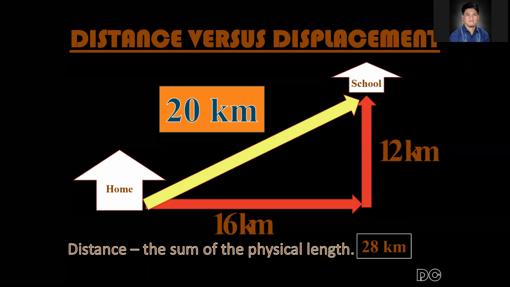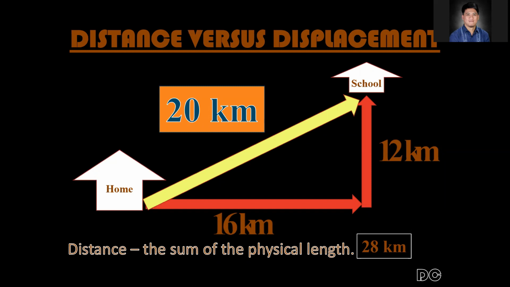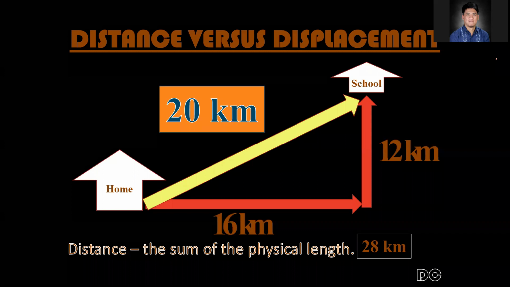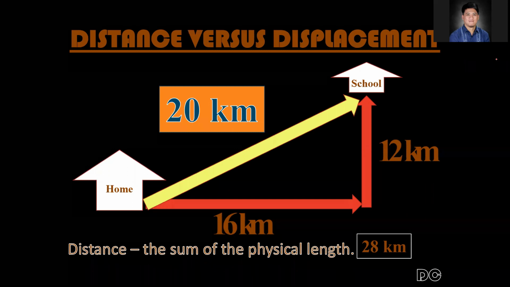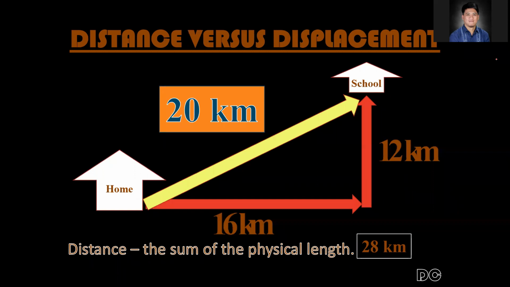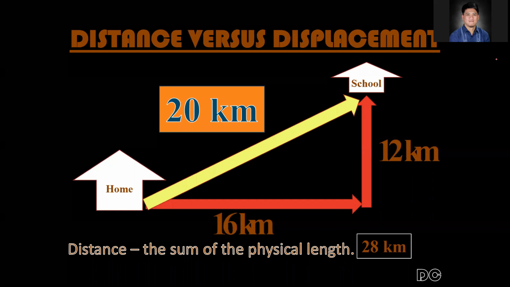And on the other hand, when we say displacement, it is the shortest route or the shortest distance from your original position up to your final position, which in this case is the yellow arrow.